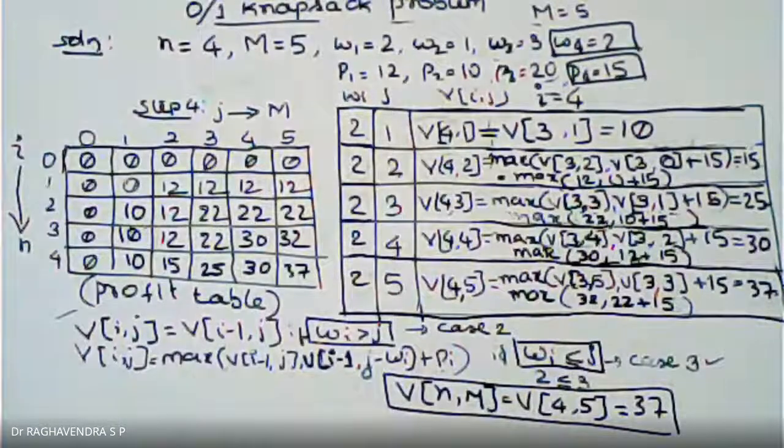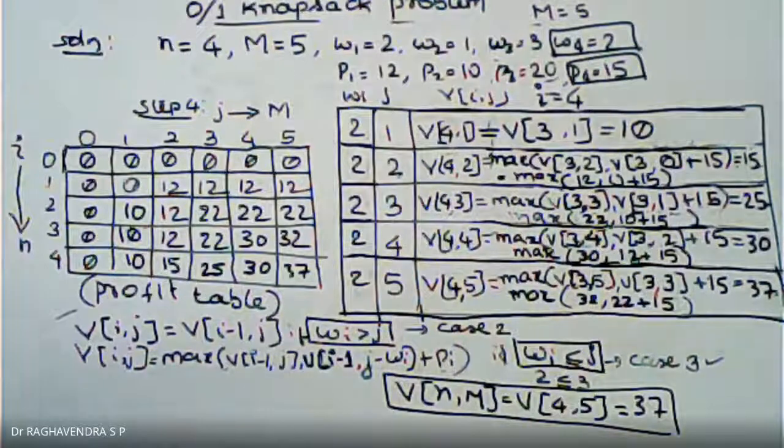Okay, write it down. It is given that n is equal to 4 and m is equal to 5.